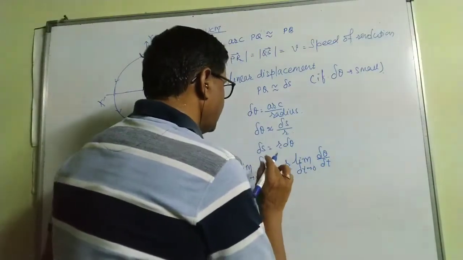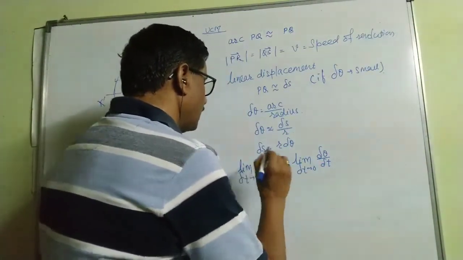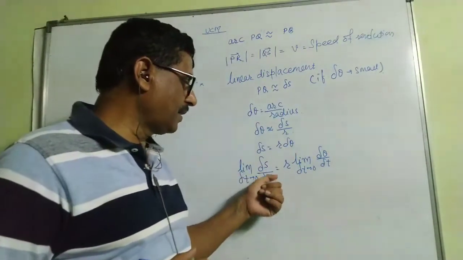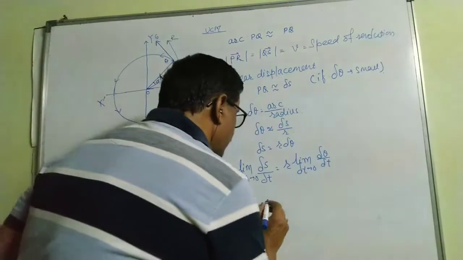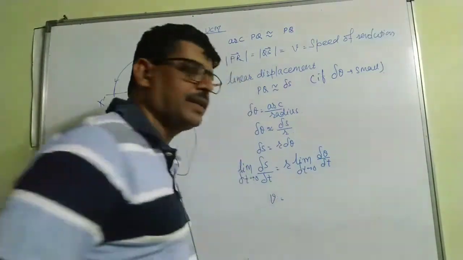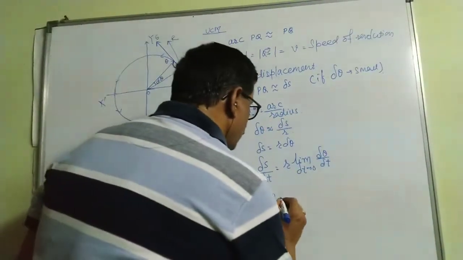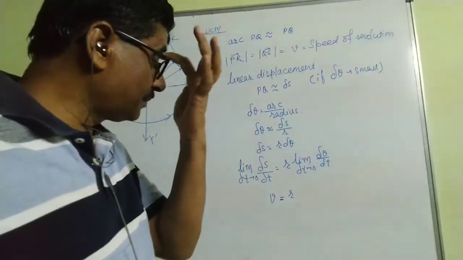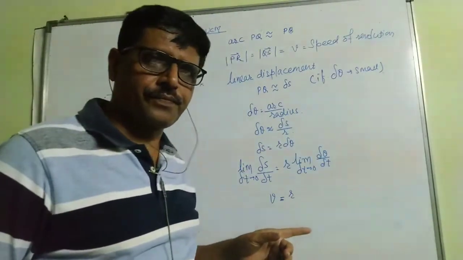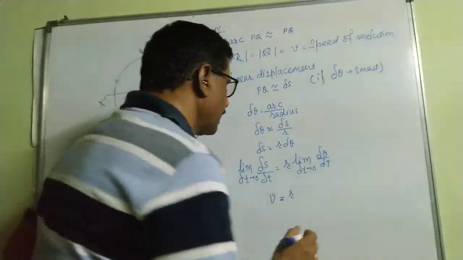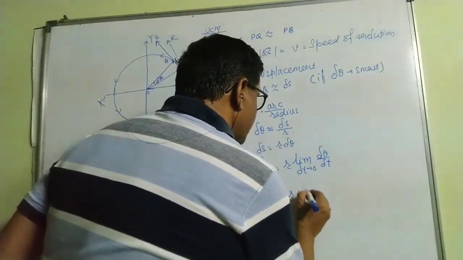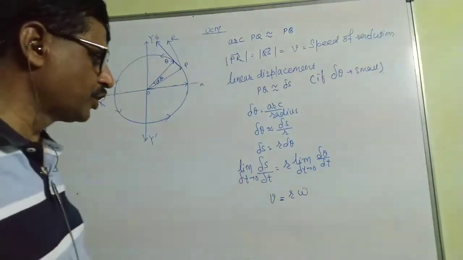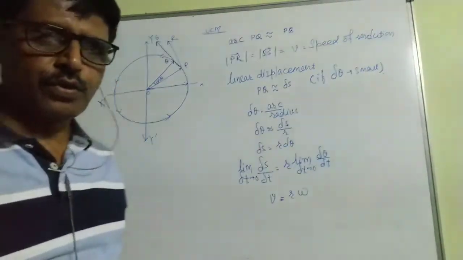The limit of del S by del t is the rate of change of linear displacement, which is represented by V, into R. The limit of del theta by delta t is the rate of change of angular displacement, which is represented by omega. Therefore, we have the relation V is equal to R omega.